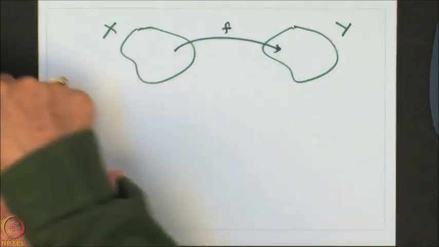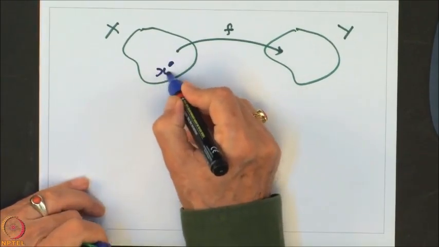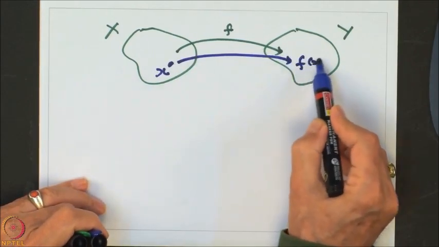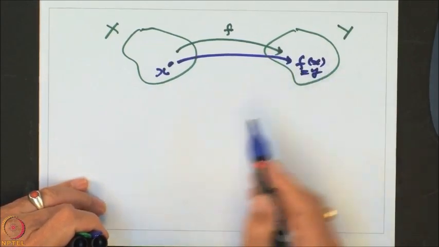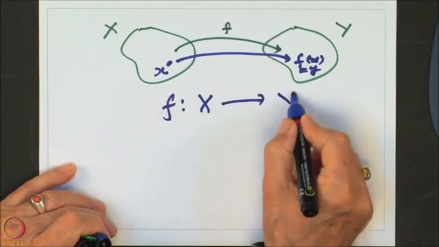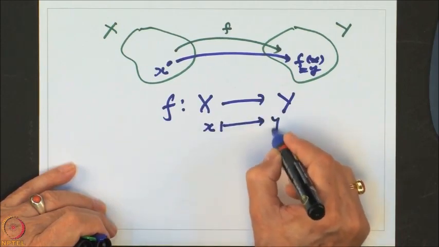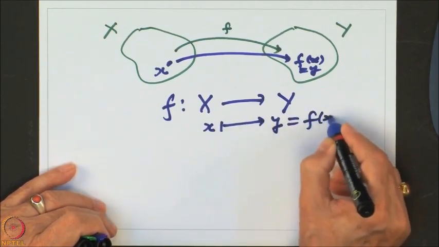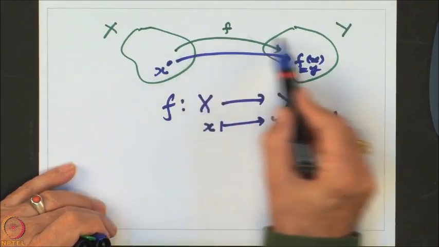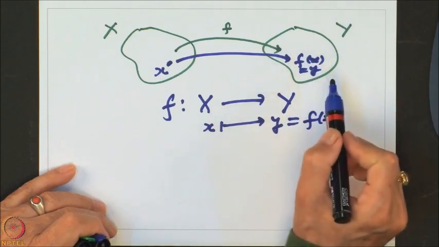What it does is it takes a point x and takes it to a point f of x, that is y. And a point x cannot go to two different points in Y, it should go only to one point.